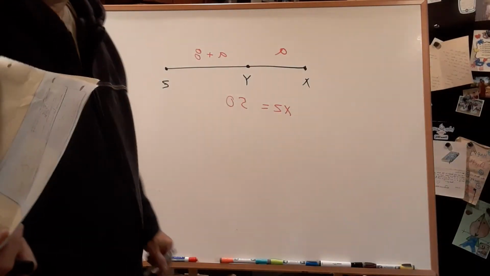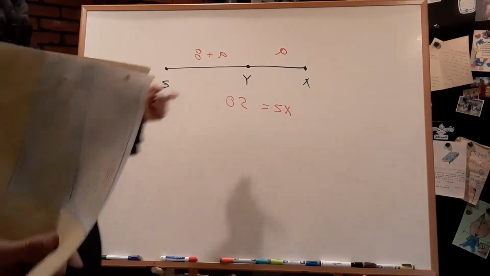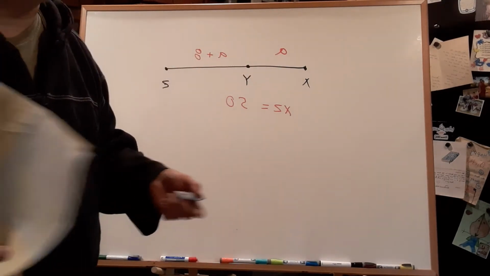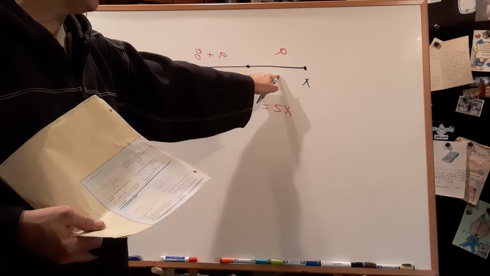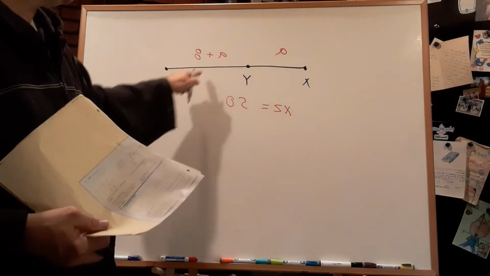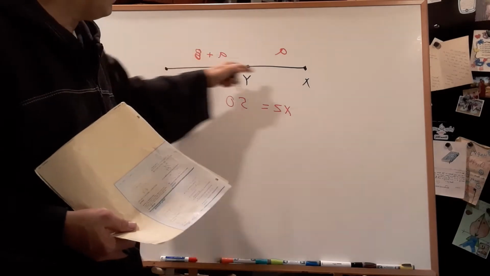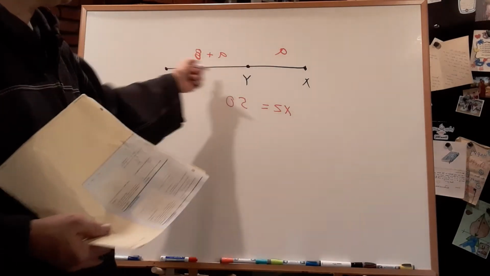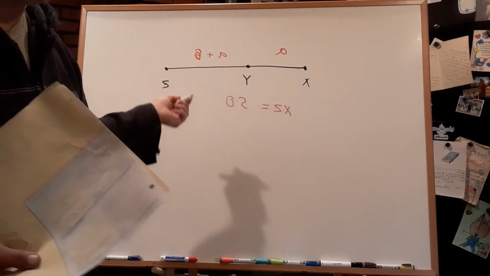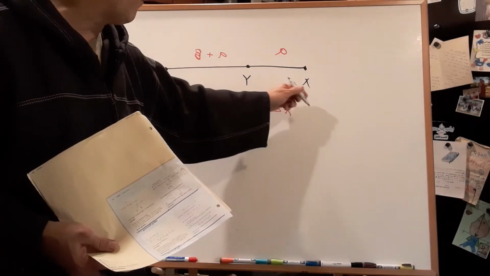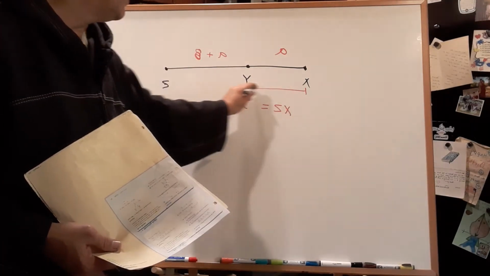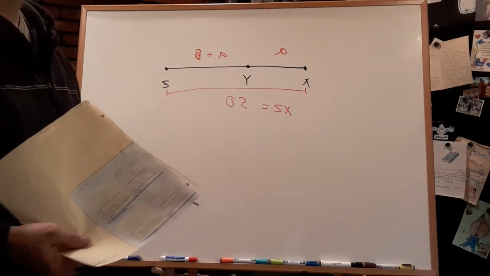All right. So here we know that XY and YZ are not equal because XY has a value of a and YZ has a value of a plus 8. If a is 8, that means that's double, right? But we don't know what a is at all. But we know that the distance from here to here is 50.